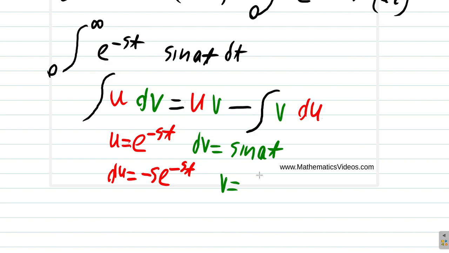If you differentiate sine, you get cos. If you differentiate cos, you get minus sine. So if you integrate minus sine, you get positive cos. So when you integrate positive sine, you get negative cos at. But here, you're integrating using substitution, so you would have this over a.